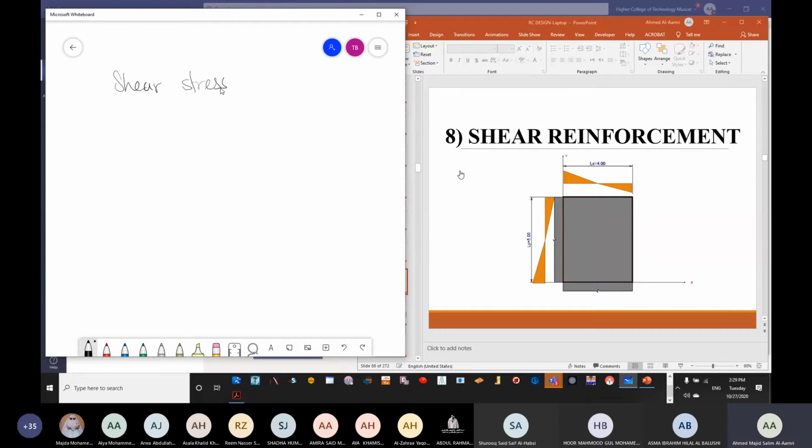Other than shear stress, have you studied something called axial stress, or whatever we call normal stress? Have you studied flexural stress, or whatever we call bending stress as well?